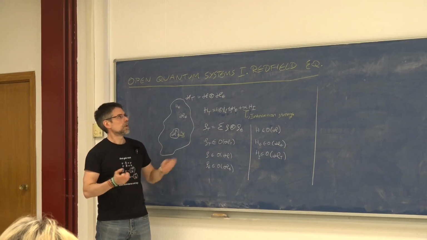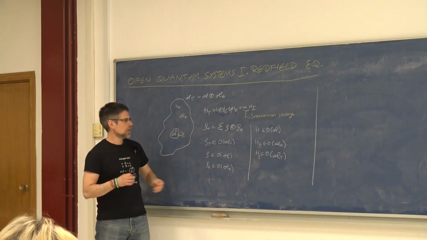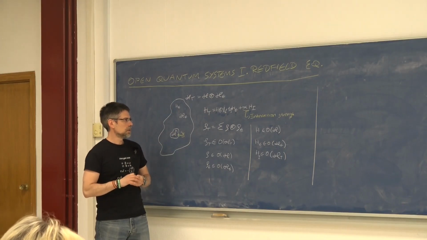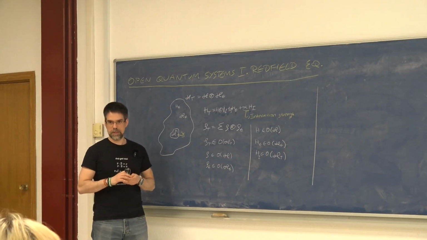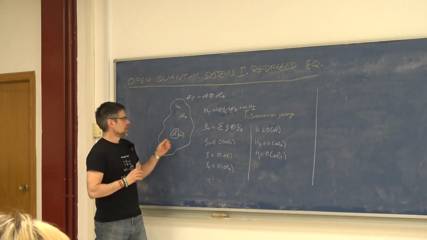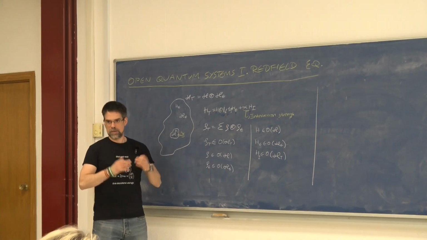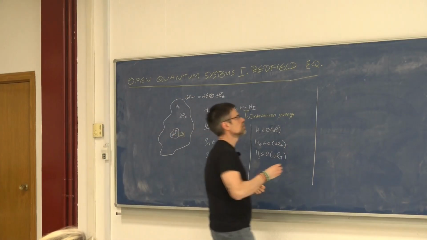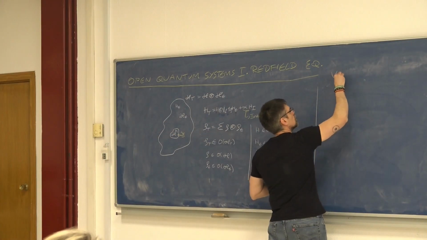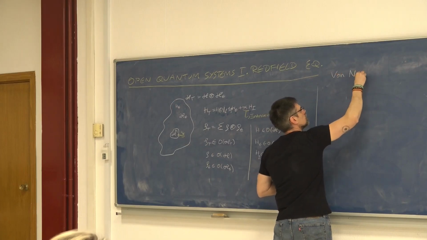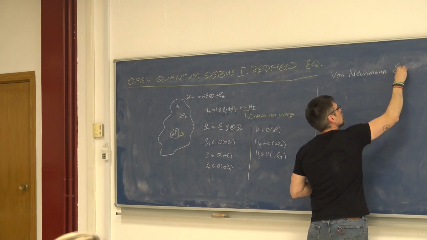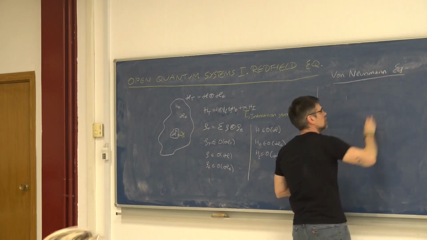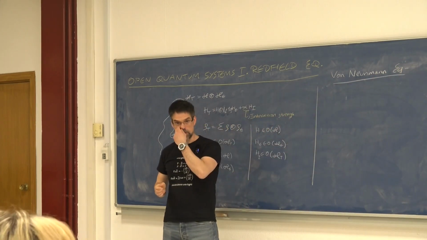What do we want? The problem, if we describe it like this, is how to describe the dynamics of the system. We can say the total dynamics of the total system is very easy to calculate, or at least to know the equation that describes it, and this is the von Neumann equation.